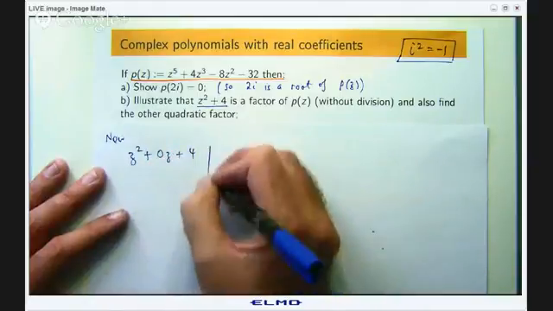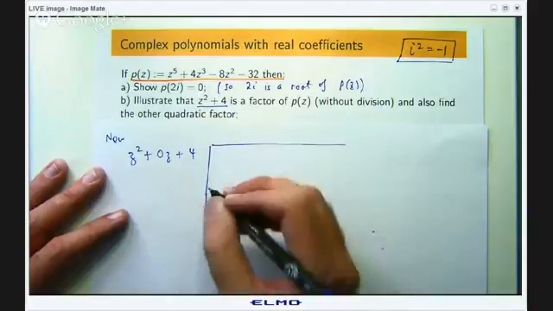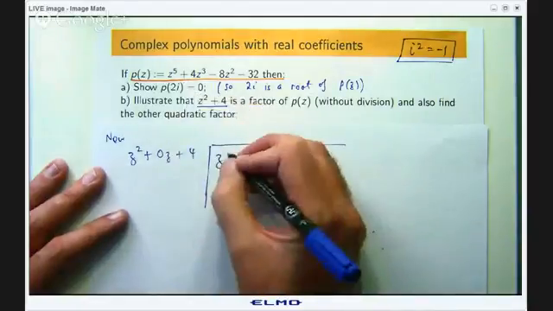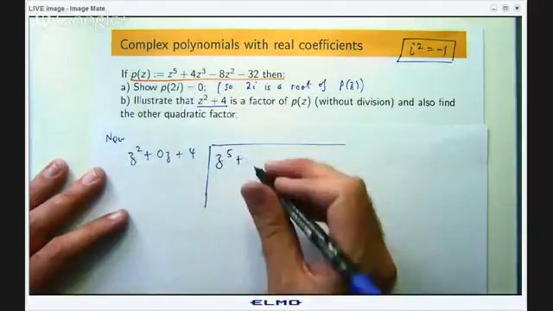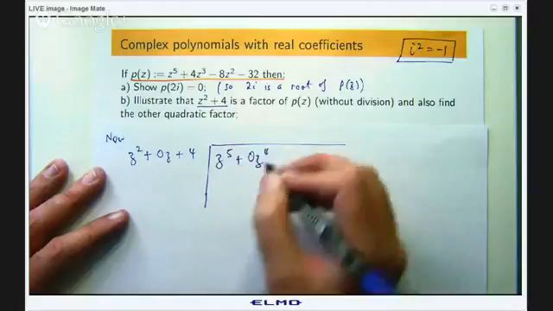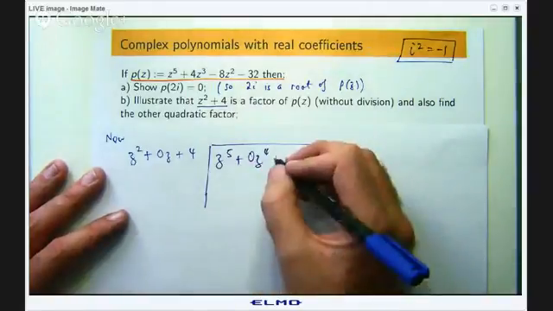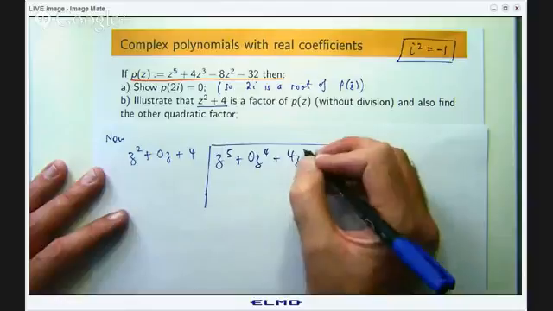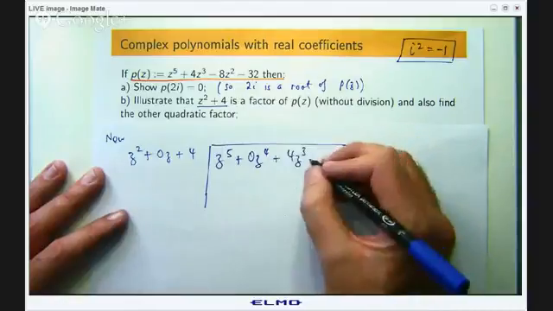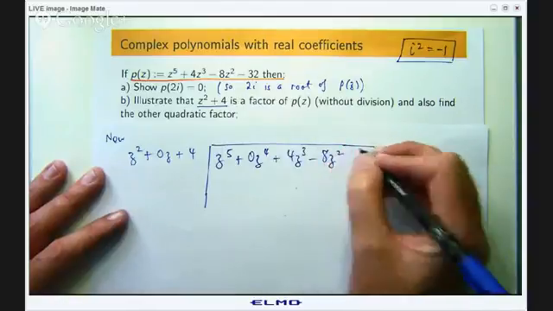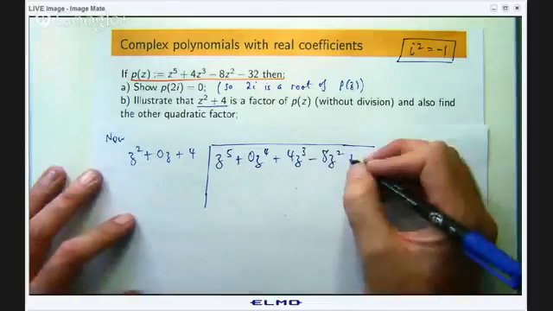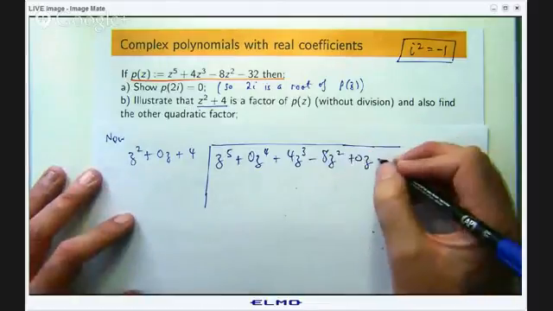Okay, so we've got this 0z to the power 4 plus 4z cubed minus 8z squared plus 0z minus 32.